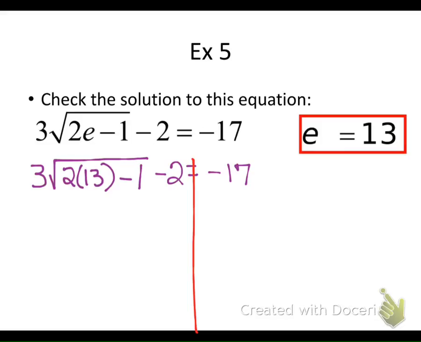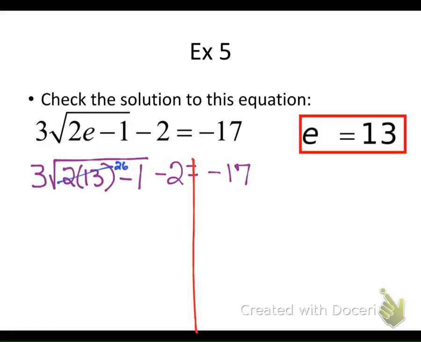Yeah, so what's 2 times 13? 26. Instead of rewriting it all, I'm just going to put my little answer up here. Now I have 26 minus 1. What's 26 minus 1? 25. Now, did I get rid of my square root sign yet?